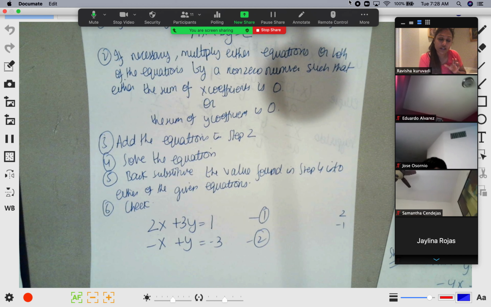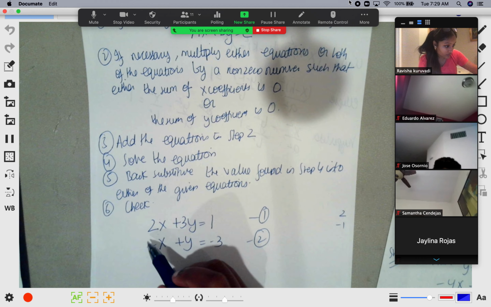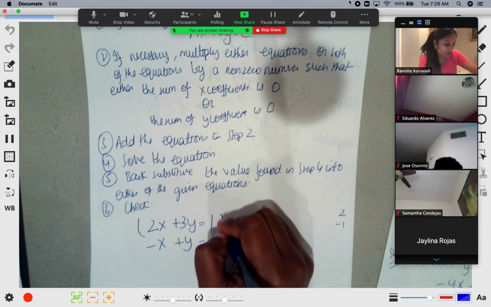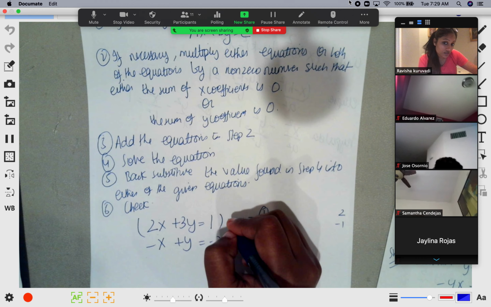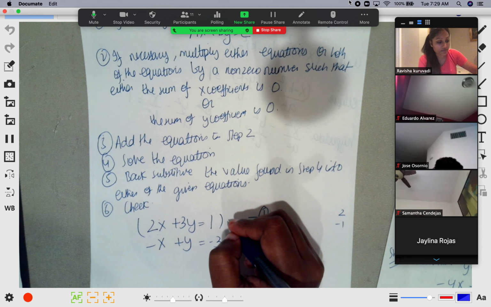How you can eliminate is you want to make both of them the same number but with opposite signs, like 4 and negative 4, or 5 and negative 5. One should be positive, one should be negative, but the same number. Multiply the second one with 2.